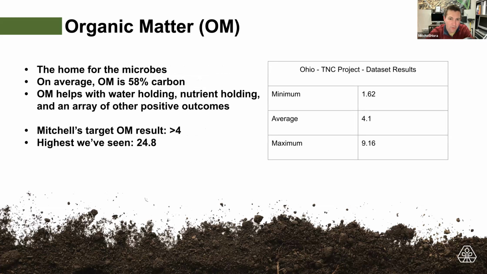Okay, we'll keep rolling and not try to get too carried away here. Organic matter. This organic matter analysis is the same that I'm sure plenty of you have done for multiple decades on your farm.